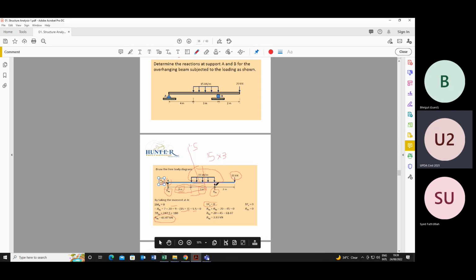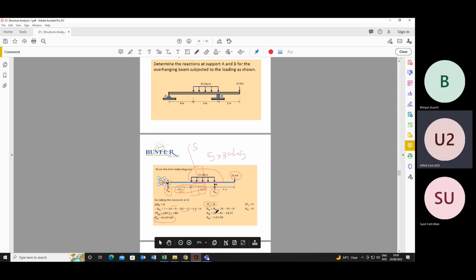RAY and RBY we took as positive, and forces acting opposite to RAY and RBY we will take negative. So minus 20 acting in this direction, and 15 into 3. Total load for this UDL will be 15 into 3, the one which I wrote here, total 45.